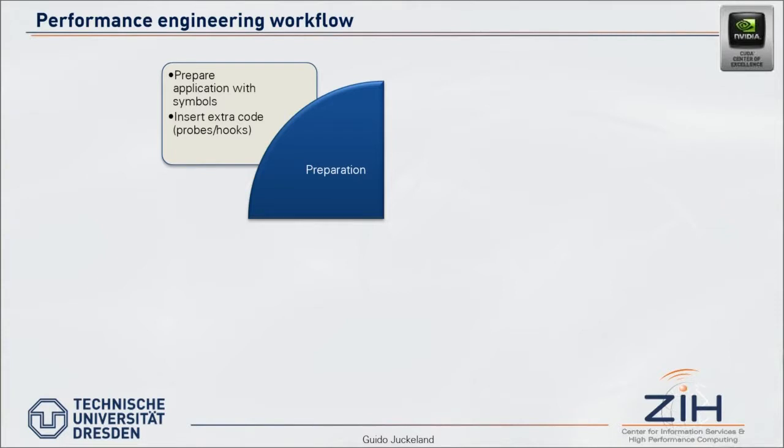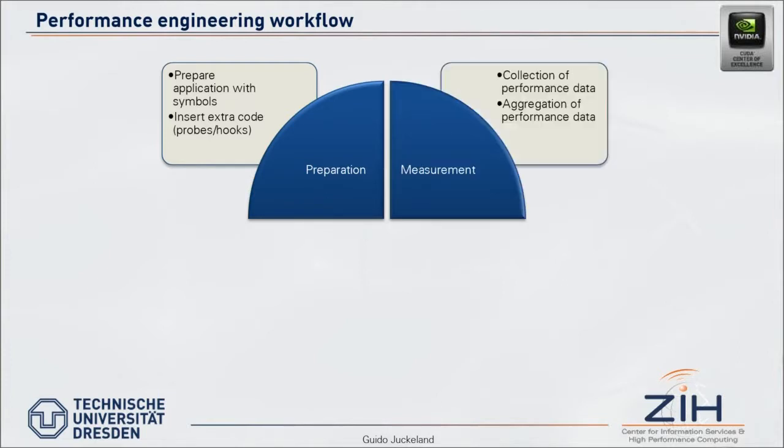That means you throw in some printf statements, some timers, or you go to the command line and use gprof, or maybe you insert some probes. Then you run your measurement. Basically, you're executing your application with a performance monitor attached, so you're collecting performance data there. And maybe if you're doing instant profiling, you're already aggregating it there.